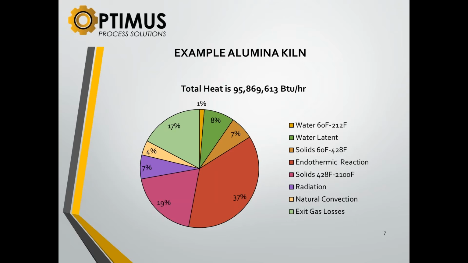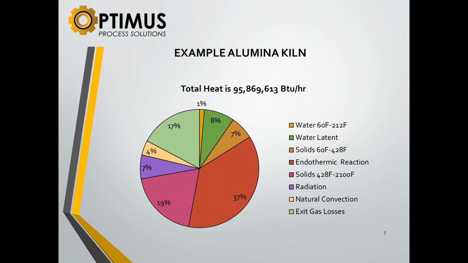So if we have a drier material going in or drier air going in, will that help? Yes, that would help. However, generally you can't do much about it because the only source of oxygen we have is the atmosphere.